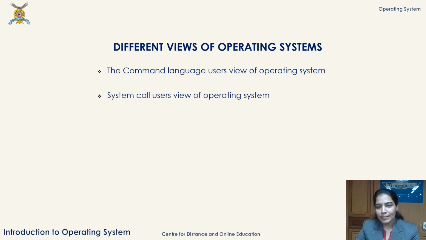Now in command language users view, you can see the operating system commands are basically system specific. The commands, the syntax, they differ from system to system. The functionalities may be less varied, but the commands differ from system to system.